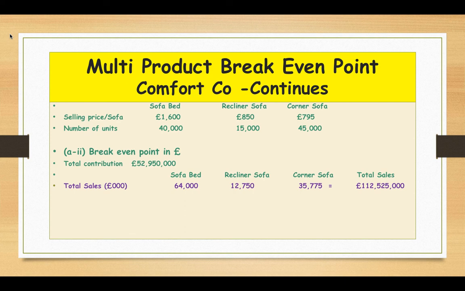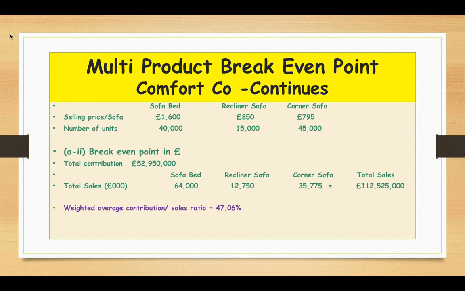And the corner sofa, 45,000 units, times it by £795 per unit, then we will get £35,775,000. So if you add all the sales together, we will get £112,525,000.